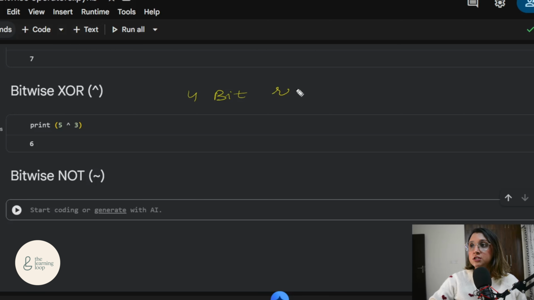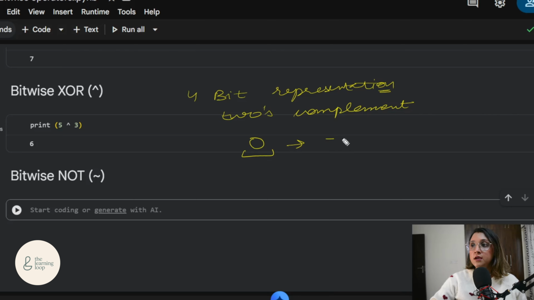Let's say we take a 4-bit presentation, and we are using a signed number presentation, which means we are using two's complement to present the negative or the positive numbers, right? So if the leftmost bit is 0, the number would be positive. And if the leftmost bit is 1, the number would be negative.